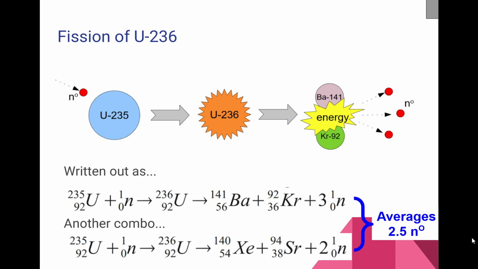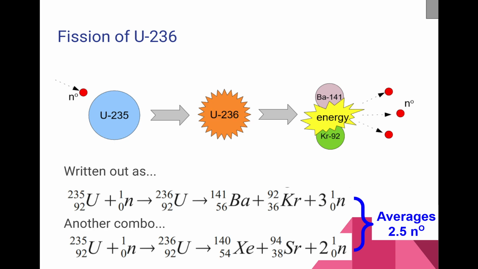So one way to look at this is that when we break up the uranium-236 through fission, sometimes we might get 3 neutrons, sometimes we get 2, and certainly there are other combinations besides these 2 that I'm showing you here.